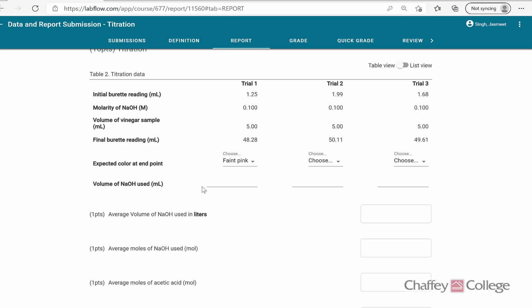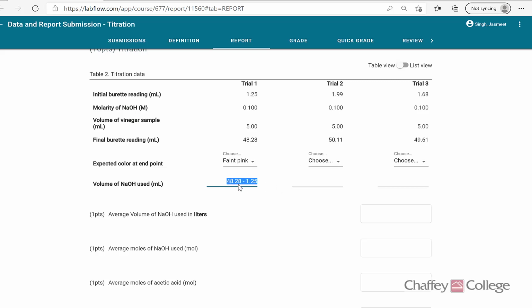So select faint pink. Now the volume of NaOH used is calculated by subtracting the initial burette reading from the final. In trial 1, this value can be calculated by subtracting 1.25 from 48.28.